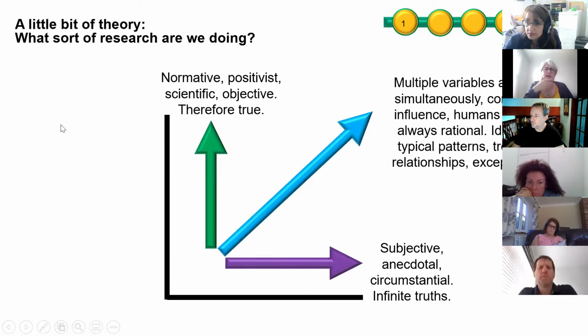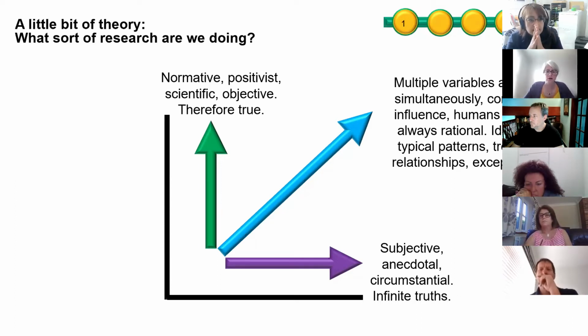A little bit of theory. What sort of research are we doing? I think this is important, especially as most people have got a maths background and a certain way of looking at the world. Scientific or normal research takes a normative or positivist philosophy, if you like, and says, oh, something has to be, you know, absolutely proved to be true.